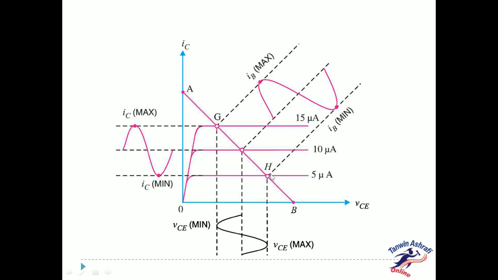When the base current is minimum, the collector emitter voltage is at the maximum. Thus, the input and output voltages are out of phase, that is, opposite in phase. The transistor is said to produce a 180 degree phase reversal of the output voltage with respect to the signal.